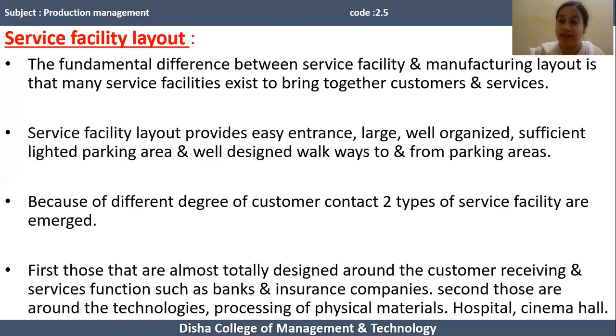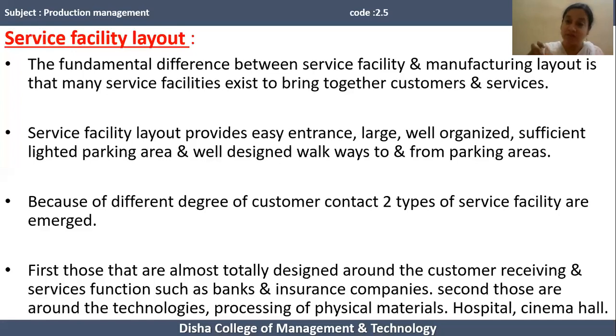So a service providing organization also adopts a particular type of layout, so that they can serve their customers in a better way. But the layouts available for manufacturing organizations are not applicable to a service providing organization, because the service provider produces the service at the time of consumption only.